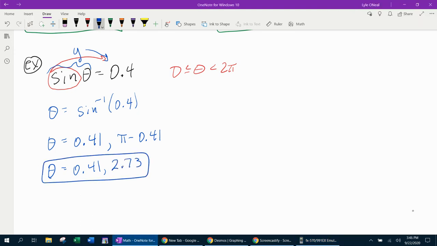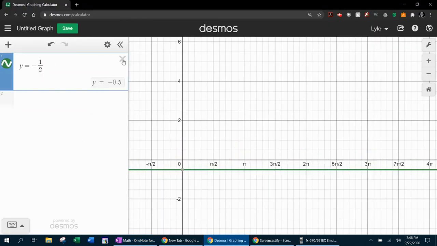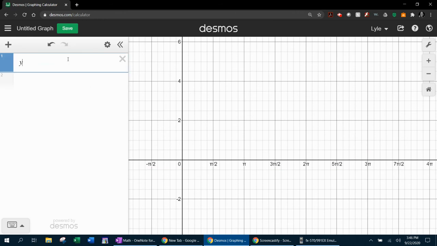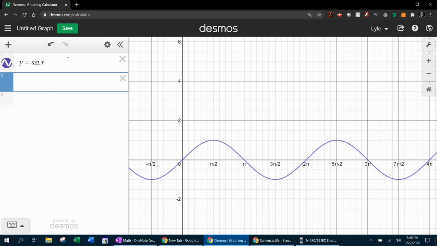And so that's how you use your calculator to find the solutions to the equation. Remember, you can also use DESMOS and check that. Super easy. If I say y equals sine theta, or x, and then I want to know where is that equal to 0.4, we're going to graph y equals 0.4.